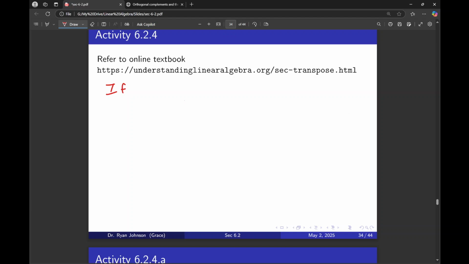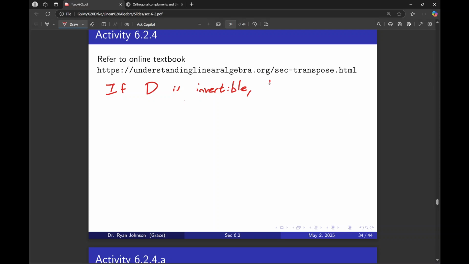So if D is invertible, then what do we know? What does it mean to be invertible? It's a silly question almost. It has an inverse, right?